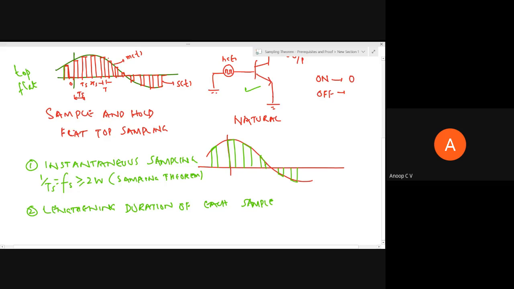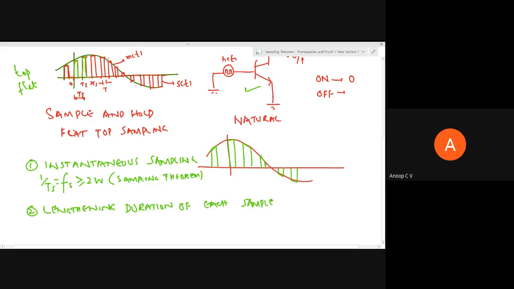That is the first step. And in the second step, we lengthen it to some duration T. Then again the next sample, lengthen it to some duration T. Those are the two steps involved in our PAM signal generation.